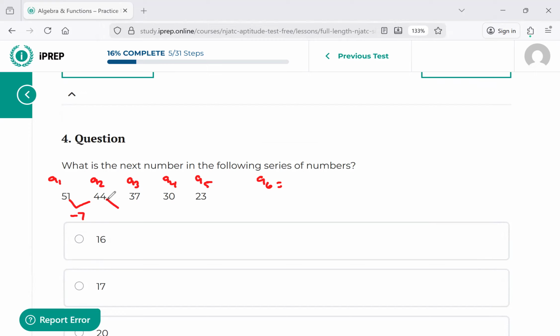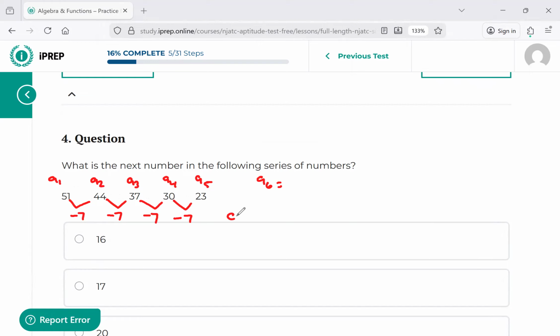And then from 44 to 37, what did you have to add or subtract? It looks like it's also -7, right? 44 minus 7 gives you 37. What about 37 to 30? Yes, you definitely had to subtract 7, and then from 30 to 23, you also have to subtract 7.